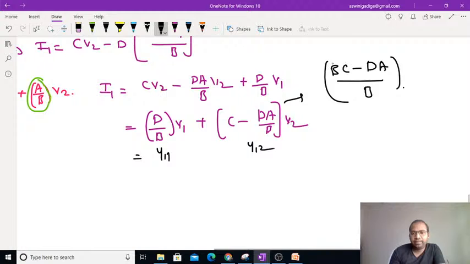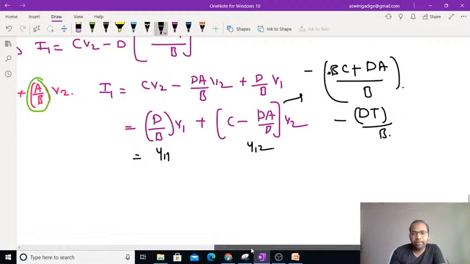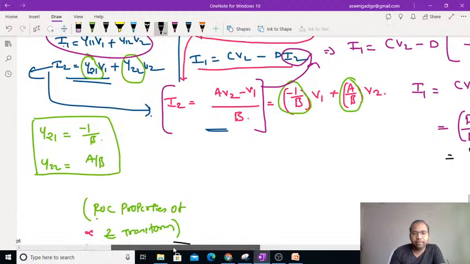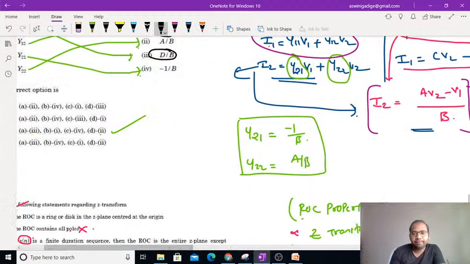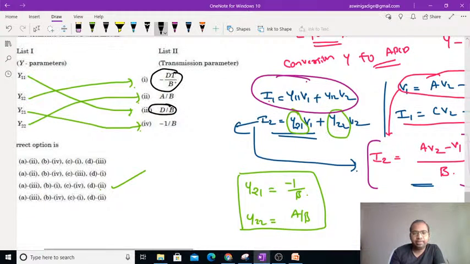Let's take the minus as common, then I will get like this. AD minus BC is nothing but the determinant of the ABCD matrix, so minus delta T by B. Is it clear, guys?